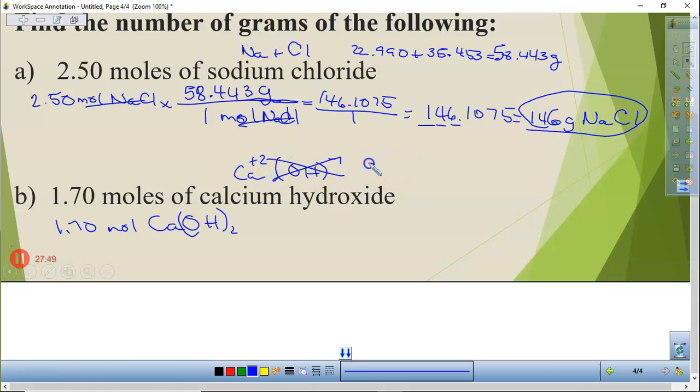Crisscross applesauce, and you get Ca(OH)2. In 1.70 moles of calcium hydroxide, I want to know the mass. So I write my given, then go down that unit and put moles calcium hydroxide in the denominator.